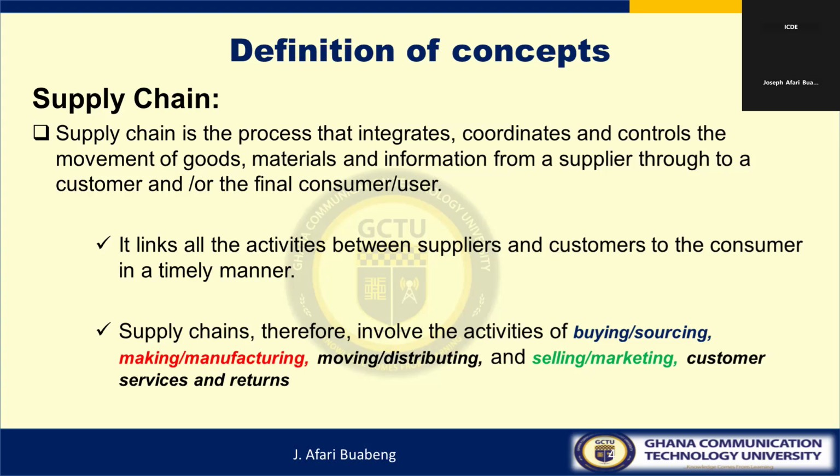Production will continue. And then once production is done, the finished product will be moved to what? The wholesalers, the wholesale, before it gets to the retailers. Then once it gets to the retailers, the consumers or the final users will get access to the final product.